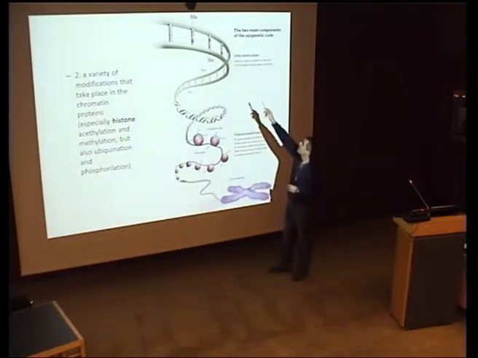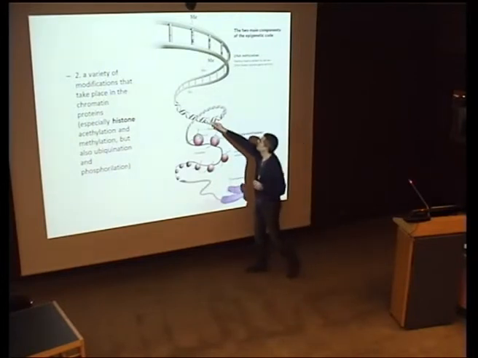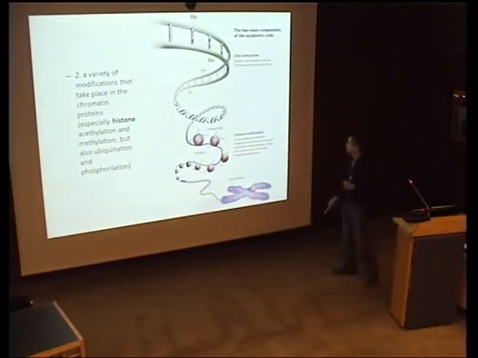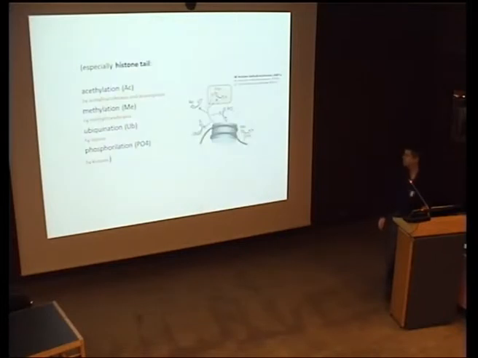Those methyl groups we have already seen in the first slide. This is the folding of the chain around histones. These are the histone protein tails, and I'm going to show you in the next slide.